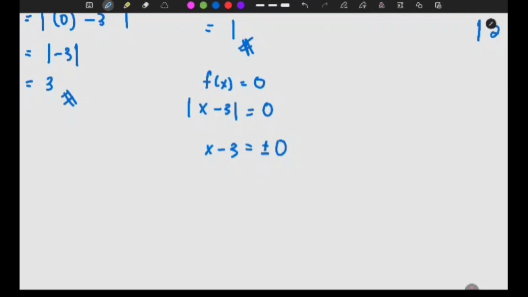So for 0, it's a special case, you can just ignore the plus minus and maintain x minus 3. But if let's just say my f(x) here is 4, then it will be plus minus 4. In that case you have to separate it, but in this case it's 0, so you don't have to do anything. You can just ignore the plus minus.